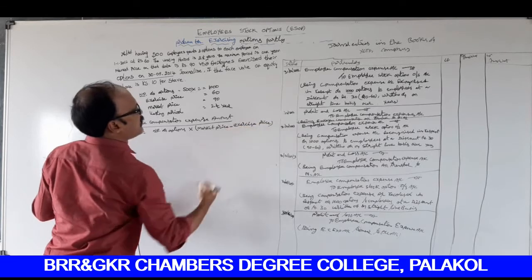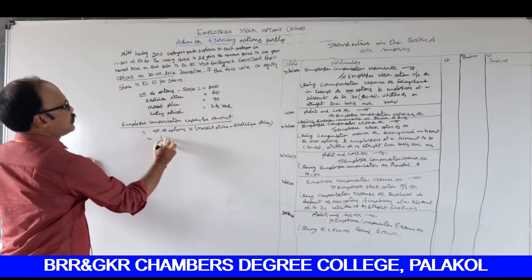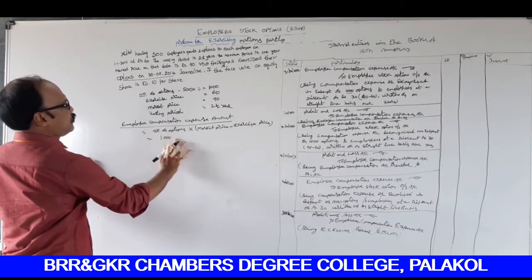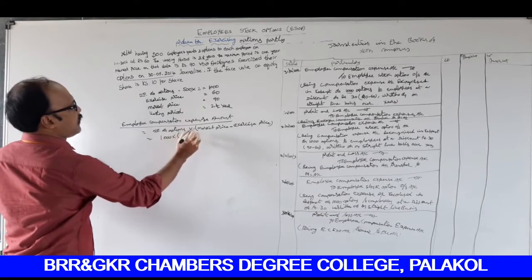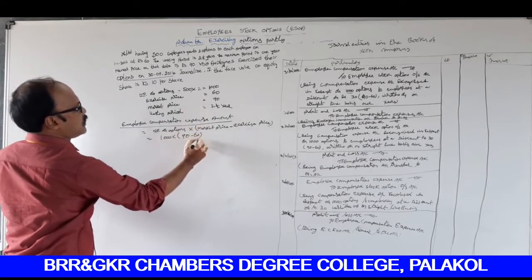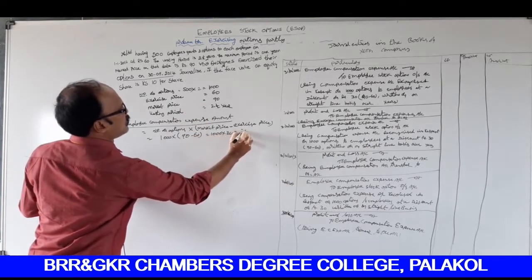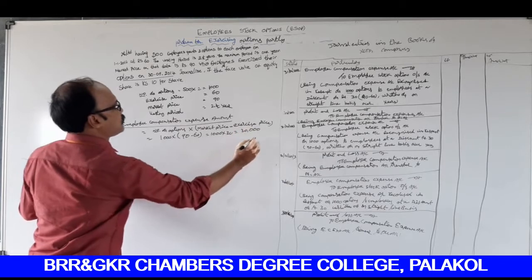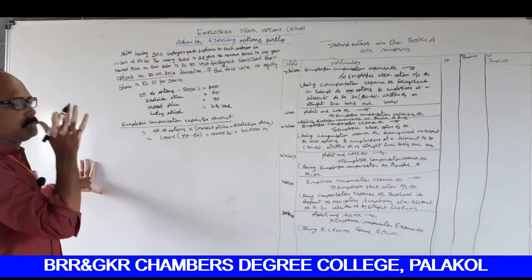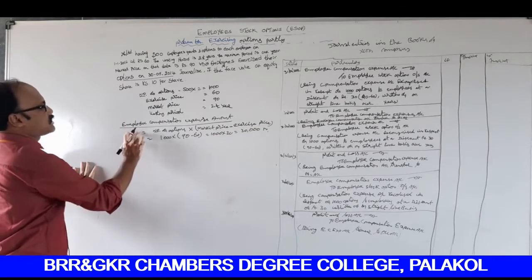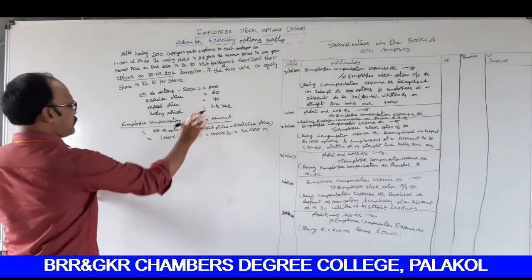That is equal to 1,000 into market price 90 minus exercise price 60, 1,000 into 30, that is equal to 30,000 rupees, the amount to be treated as compensation expense amount. Then this amount should be written off on the straight line method over the vesting period.